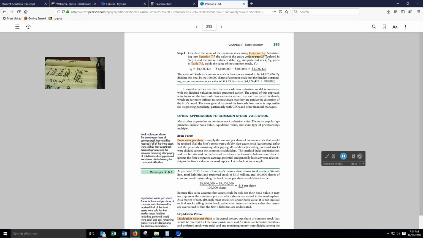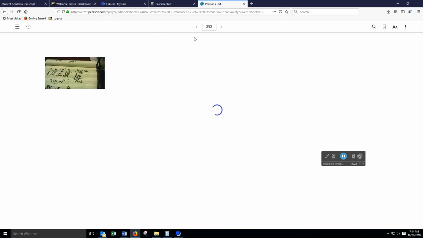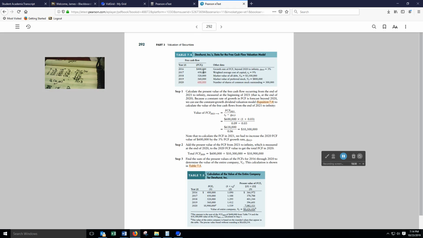Now, this is basically the same thing we did for the variable growth model. The only difference, if we go back, is we're using free cash flows instead of dividends here.